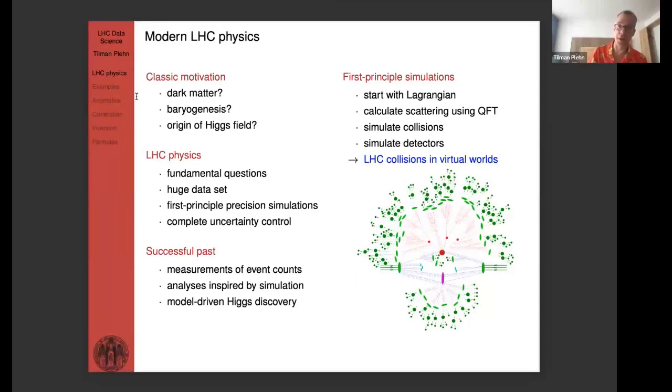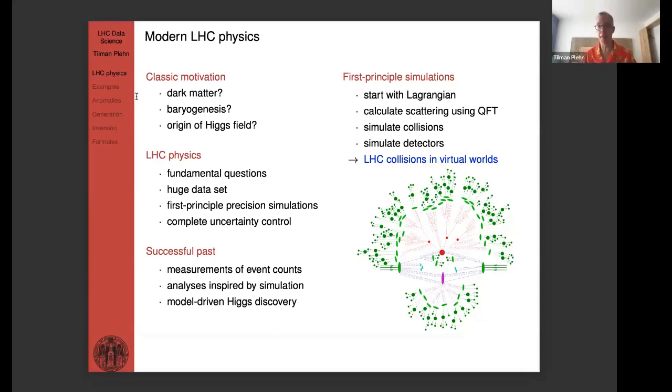One of the great tools we have to understand LHC data is first-principle simulations, which in particle physics, different from many other fields, are done by theorists. We start with the Lagrangian and calculate scattering rates using quantum field theory, and we simulate these collisions. Then we ask our experimentalist friends how to simulate a detector.